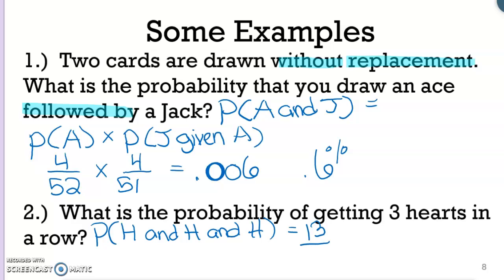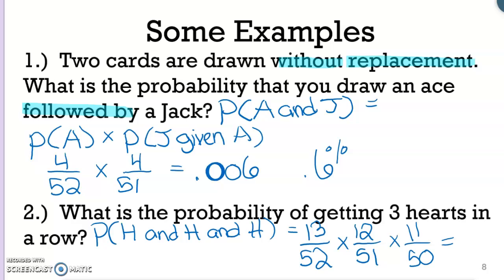So there are 13 hearts in a deck. For the very first card, we have a 13 out of 52 chance of getting a heart. But once we've pulled one out, there's only 12 hearts left, and only 51 cards in the deck. And then when we go to get the third heart, assuming that we just got 2, now there's only 11 hearts left and only 50 cards in the deck. So this is how we'll calculate our probability.